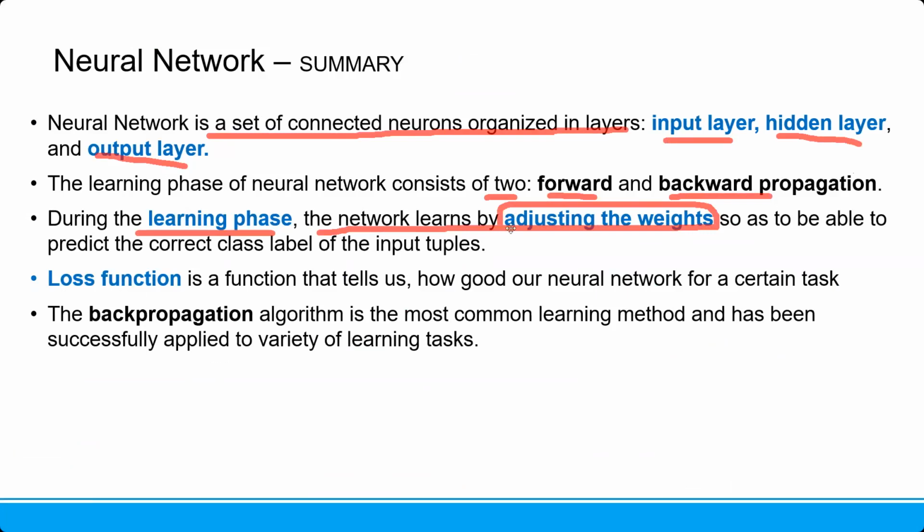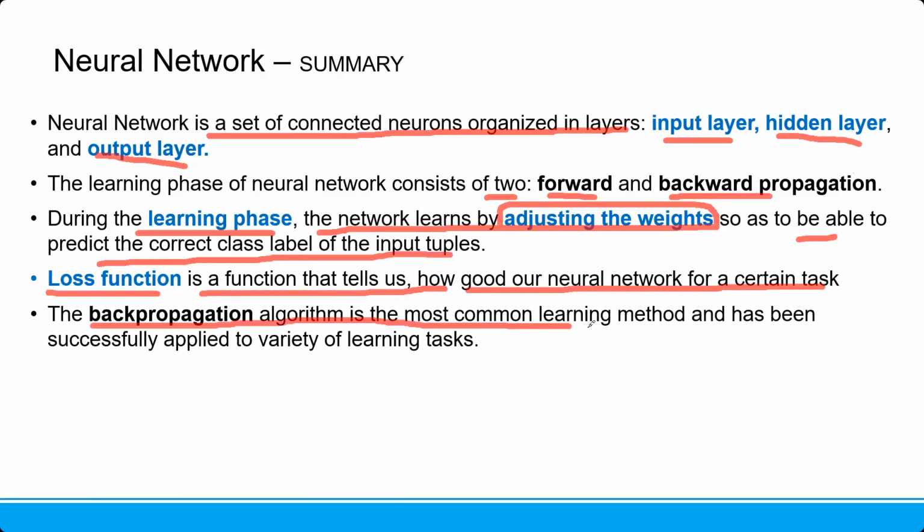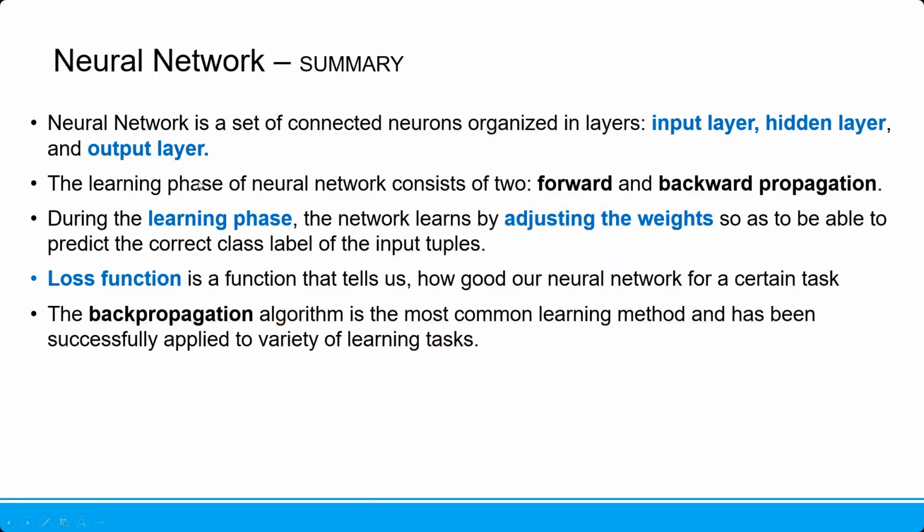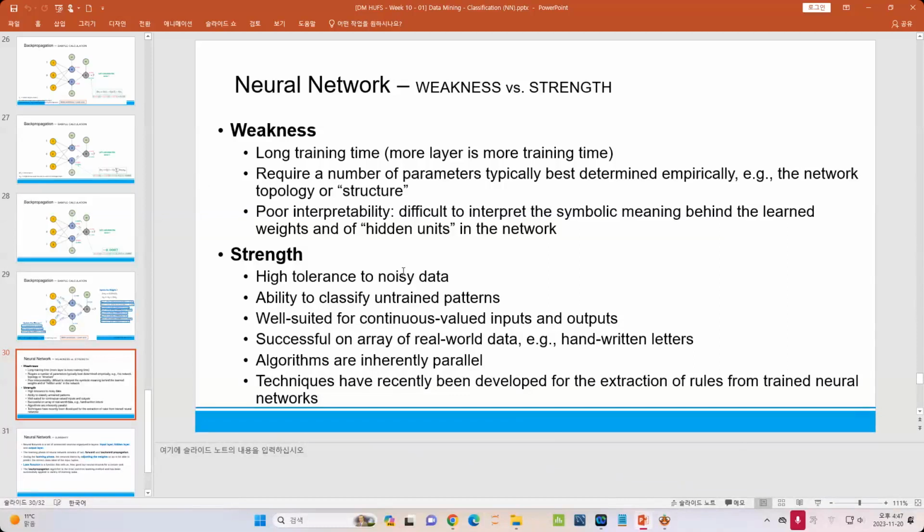So the weights will be updated so as to be able to predict the correct class labels of the input. The loss function tells us how good our neural network is for a certain task. And the backpropagation algorithm is the most common learning method and has been successfully applied to a variety of learning tasks. So those are some references.